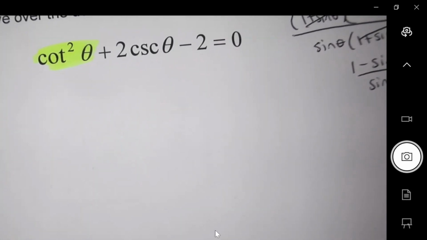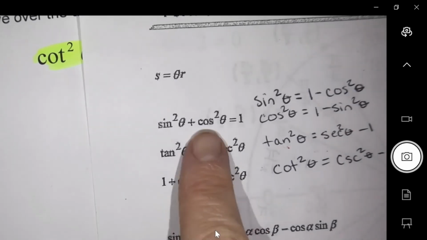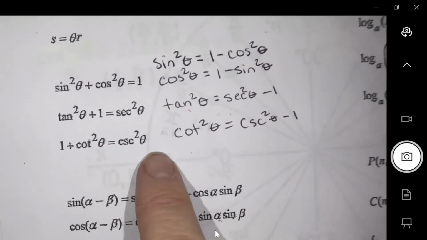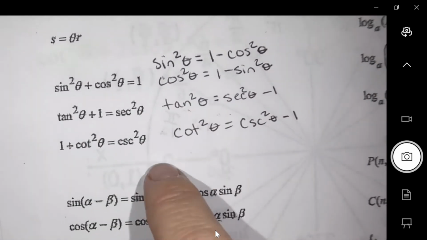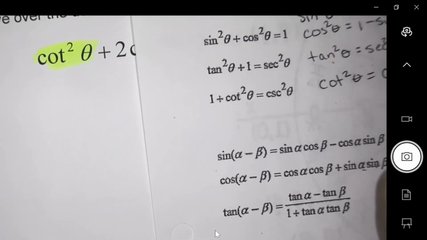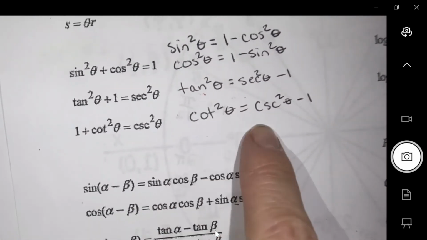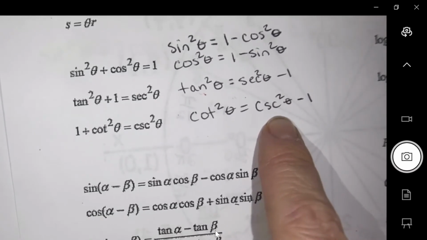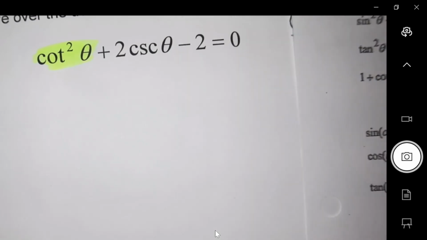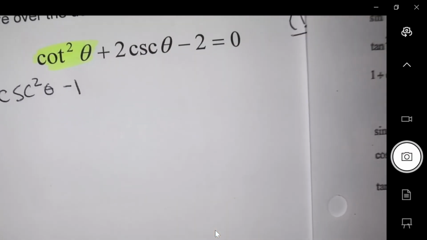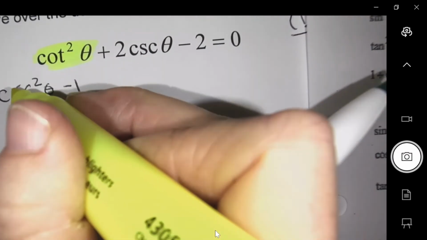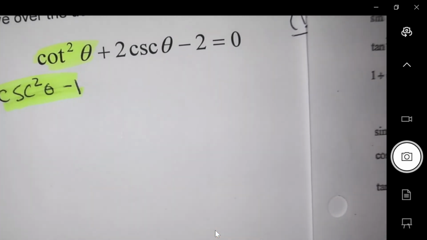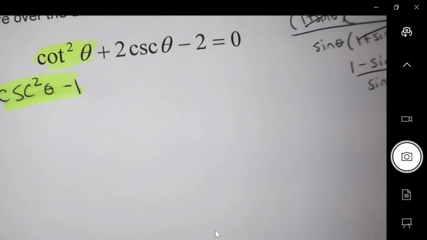That's your hint, the squared stuff, and the reason is everything in this corner involves squares. So cotangent squared, that's what I could replace it with. Okay, so that's my replacement.